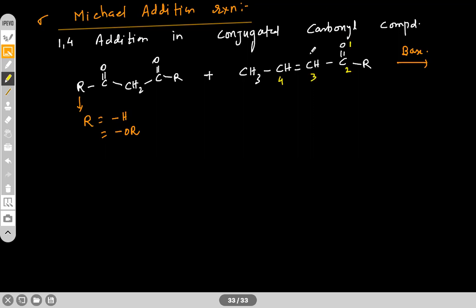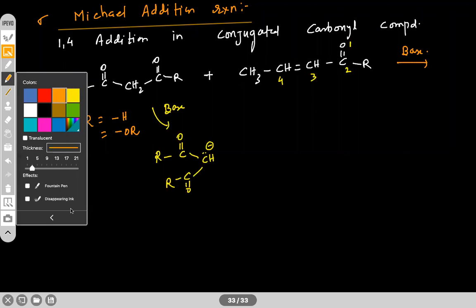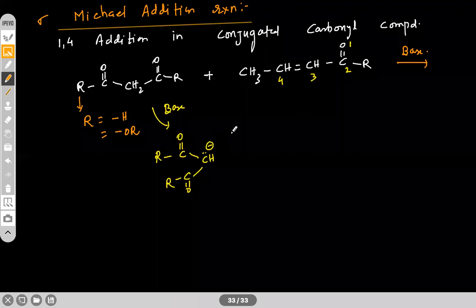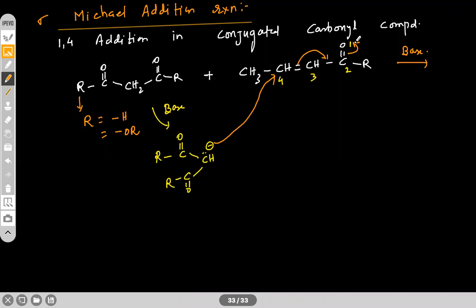So in this one you see, first of all, with the base, we get a nucleophile, RC double bond O, CH negative, C double bond OR, and this negative charge attacks on the fourth carbon, pi shift here, and this pi comes up onto this oxygen, right?